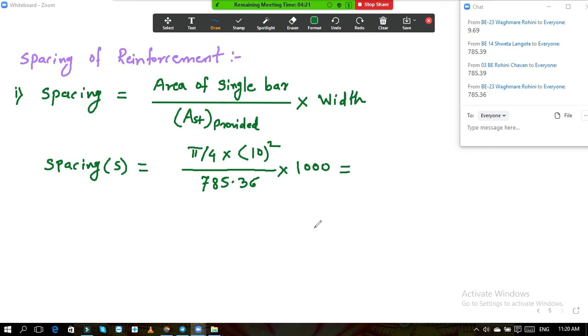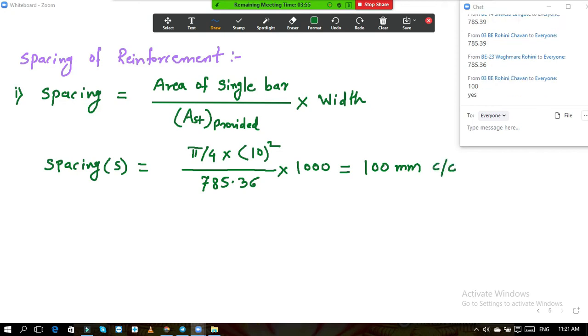So the answer is exactly 100. There is no decimal point or anything. 100 mm center to center.